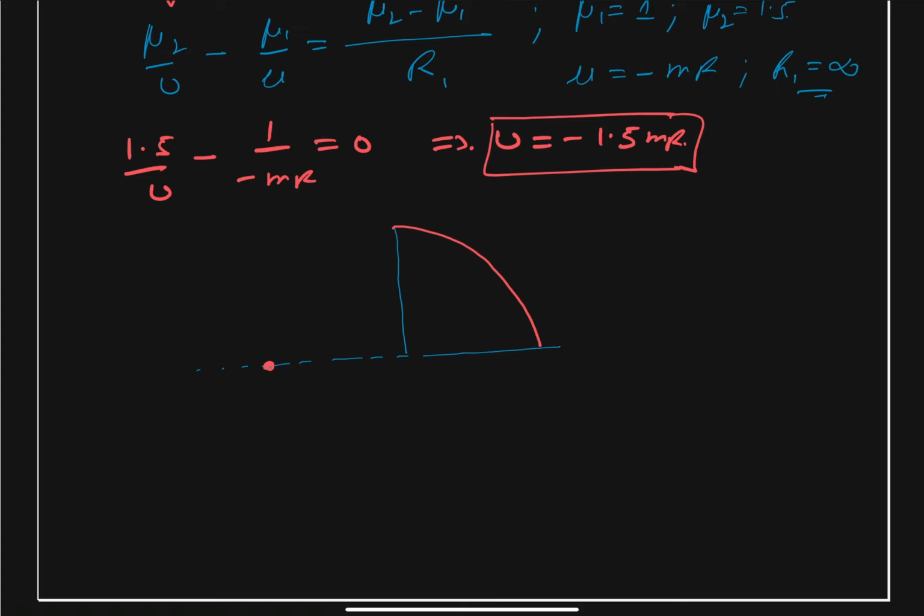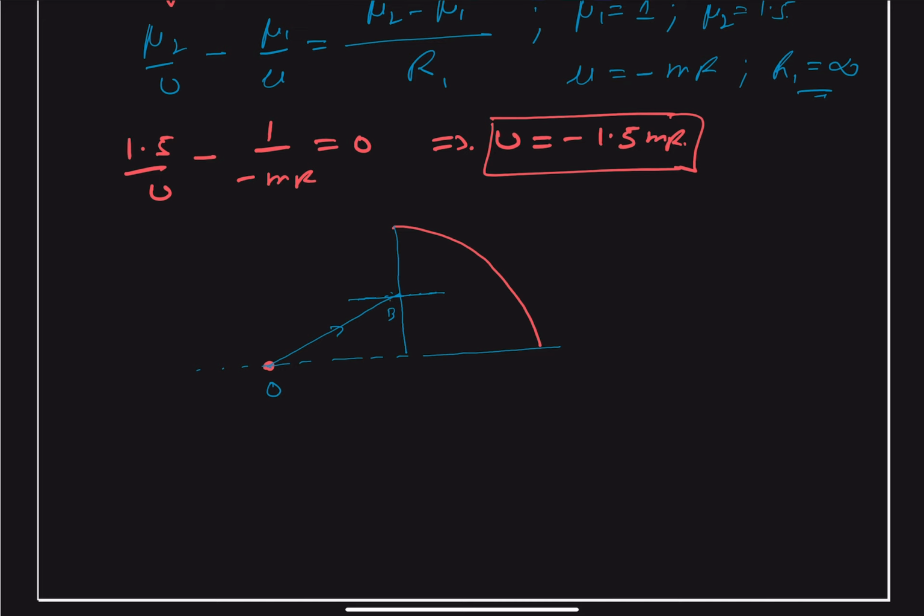So the ray striking this point B, the normal will be like this, and it says that this is my object and the image is on the same side because of the negative sign.